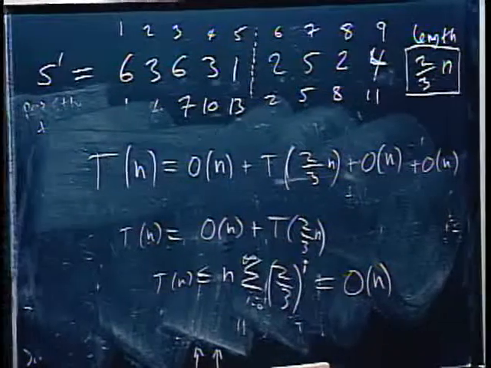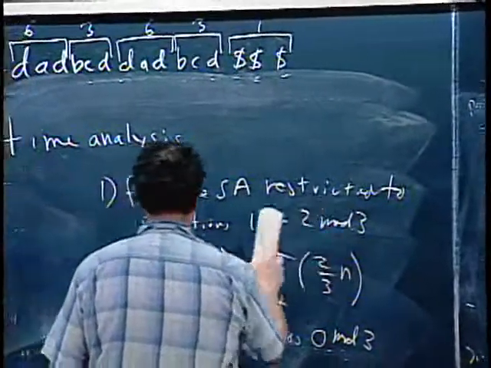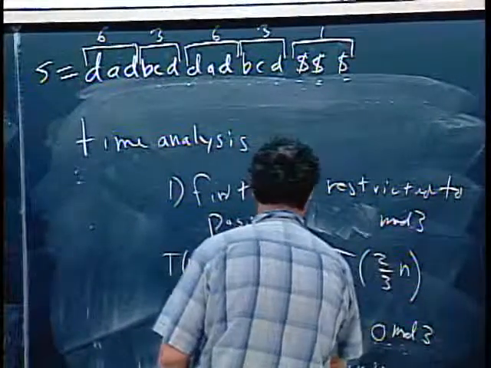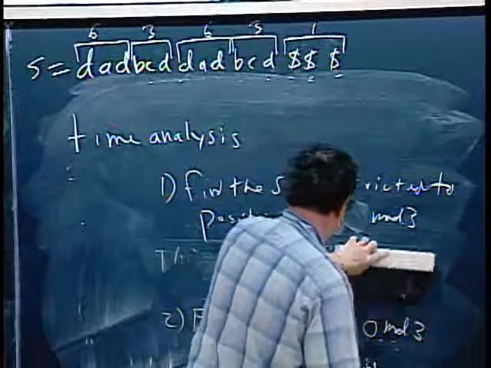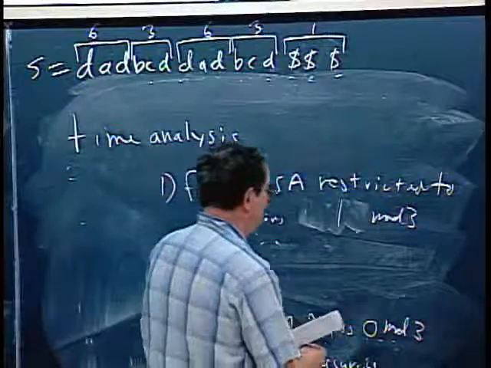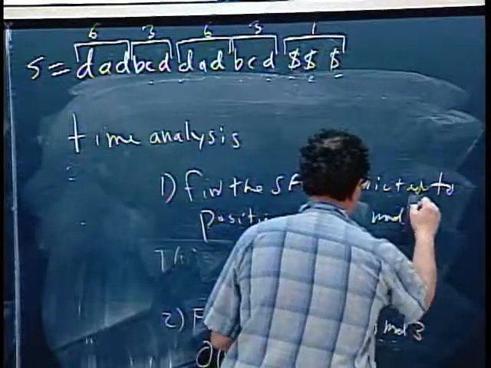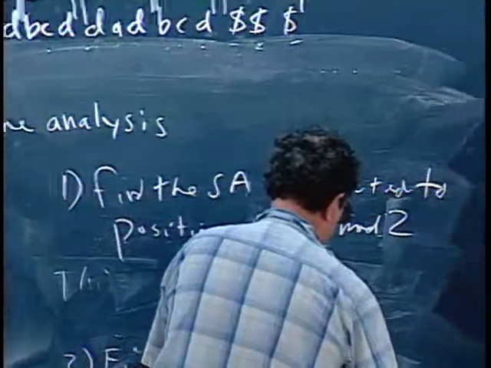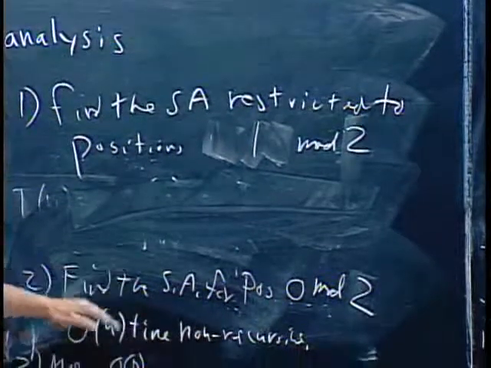So then we would find the suffix array restricted to positions, let's say 0 mod 3, or 1 mod 3, and then find the suffix array of 0 mod 3. No, sorry, 1 mod 2, okay? Or 0 mod 2. Okay, so these are the odds and these are the evens, right?